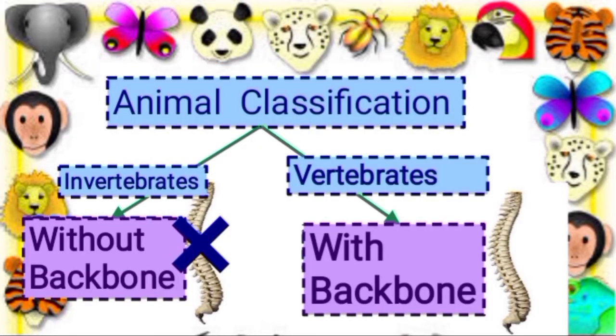Now let's understand animal classification based on the absence or presence of a backbone. Humans like you can move because your body is supported by an internal skeleton, which works as a support structure for your body. It gives the body its shape and allows movement.